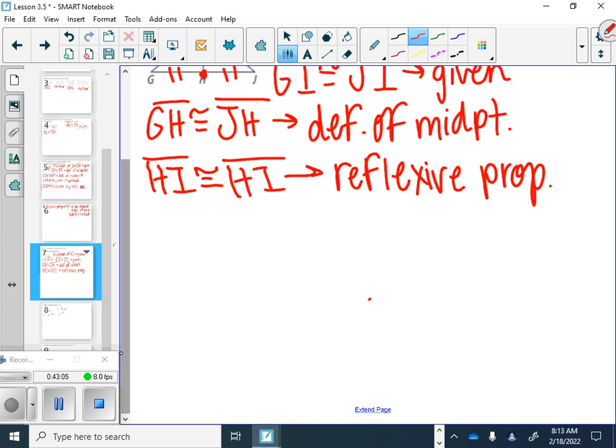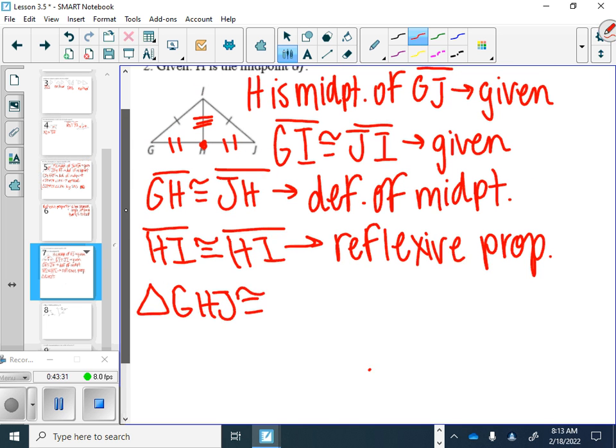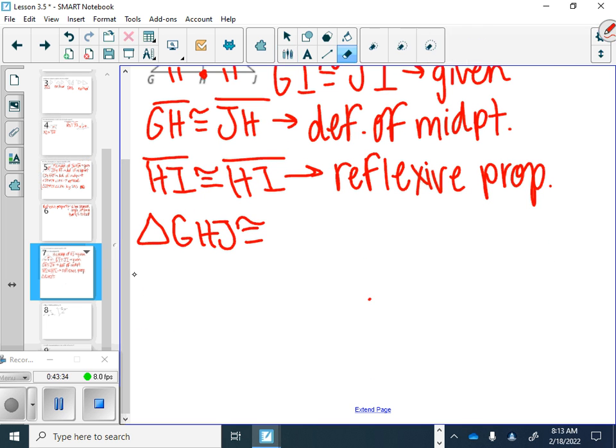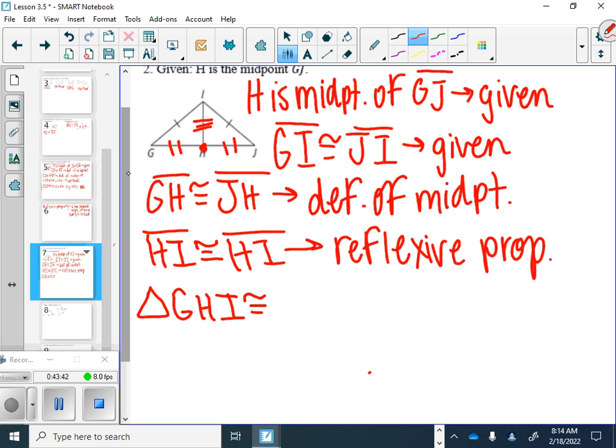So have I explained each side? Yes. Now, if I name the first triangle GHJ, how do I name the other triangle? JHI. Oh wait, I did not do that right. I'm sorry, GHI. So GHJ is congruent to JHI.